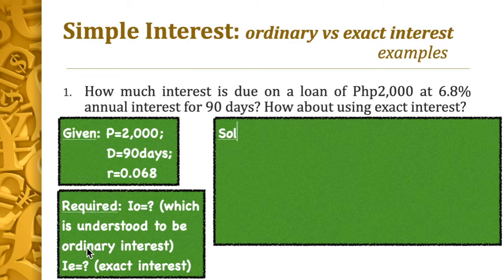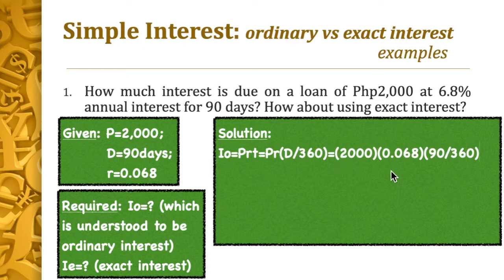For our solution, let's make it one line. I have my calculator here. For our ordinary interest, let's use PRT, and there you go, that's a substitution already. PRT is our original formula. Since it's ordinary, we make T equal to D over 360.